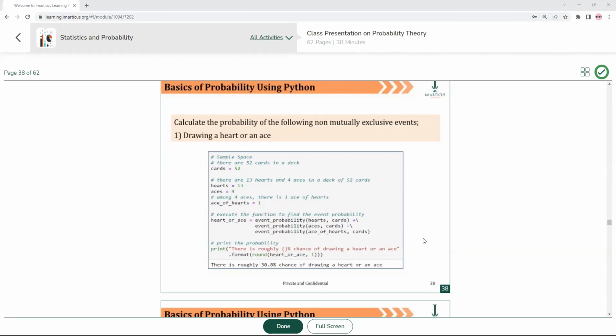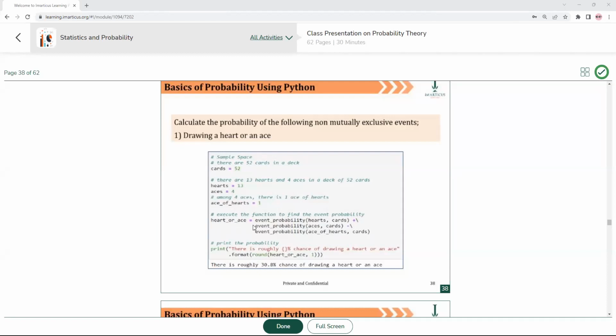Drawing a heart or an ace. So it is P A union B minus P A intersection B. Sorry, P A plus P B. तो ये आपका P A है hearts का and aces is P B minus P A intersection B means ace of hearts. इसको जब माइनस कर दोगे तो all you will get is heart or an ace.